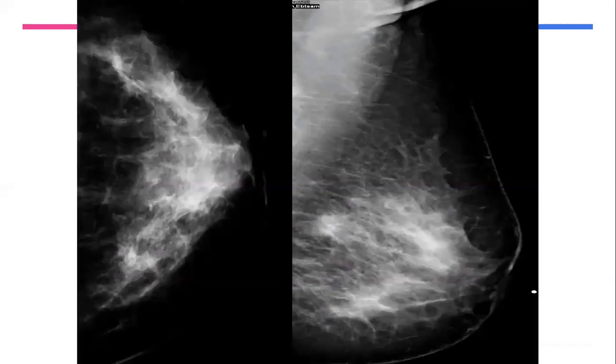Let us see other factors. Can you appreciate an abnormality in this image? Yes, it is really subtle. But with spot magnification, you could definitely appreciate the segmental pleomorphic calcification in a case of DCIS.